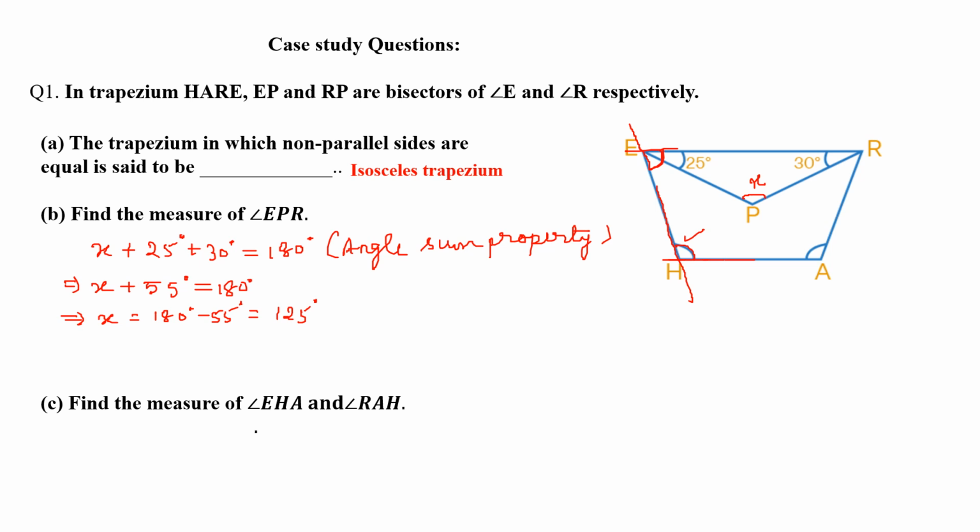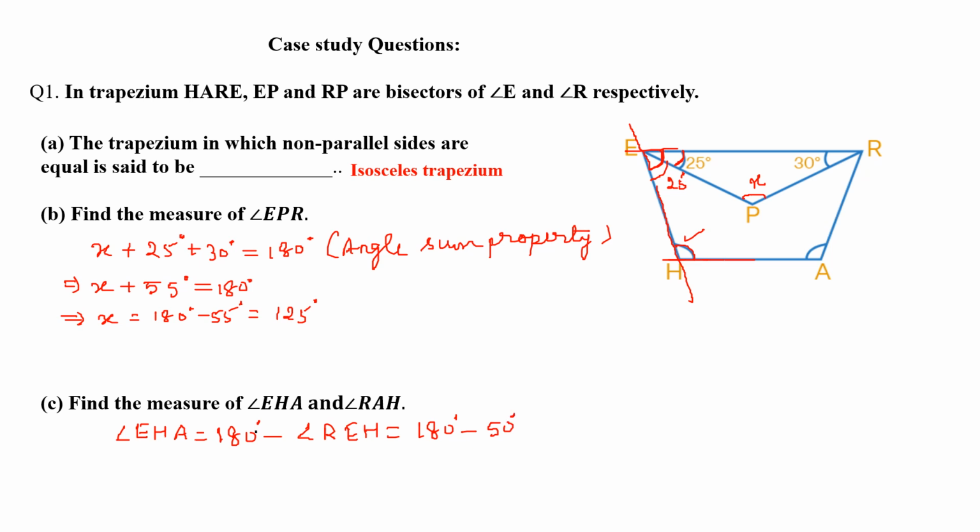Now it is already given that EP is the angle bisector. It means if this is 25 degrees, this is also going to be 25 degrees. So angle EHA will be equal to 180 degrees minus angle REH, and angle REH will be 50 degrees, isn't it? 25 degrees is here and 25 degrees is here.